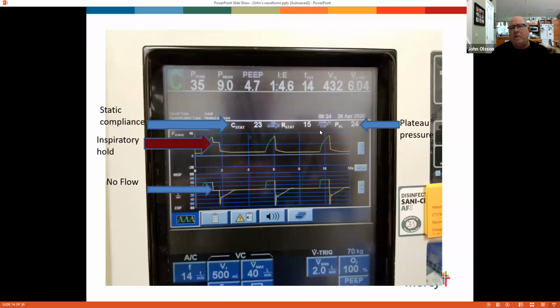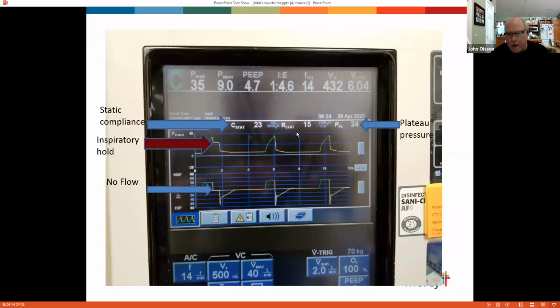Okay, so I did this with a test lung. It has a little hole for expiration, so of course my airway resistance is higher than I'd really want it to be, but my compliance in my lung was pretty good. They're actually pretty stiff, but it's 23 mils per centimeter of water pressure.